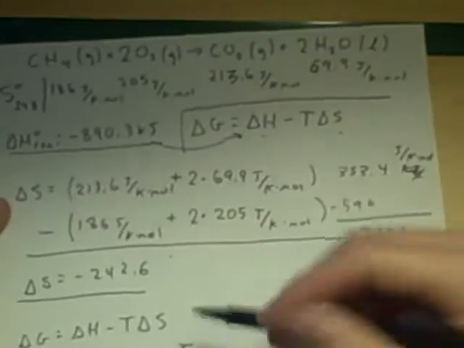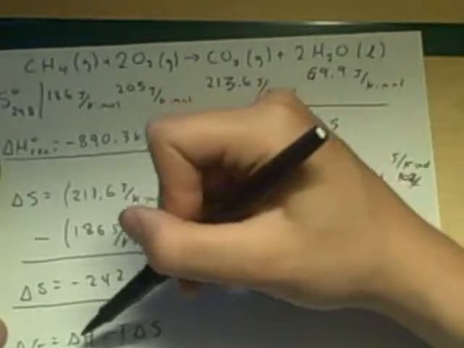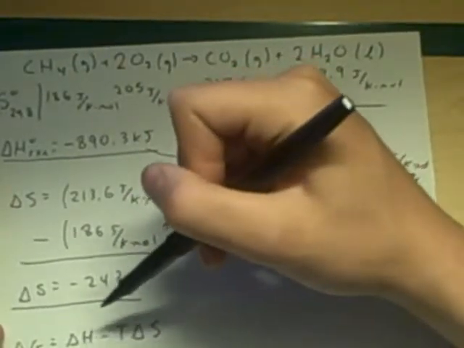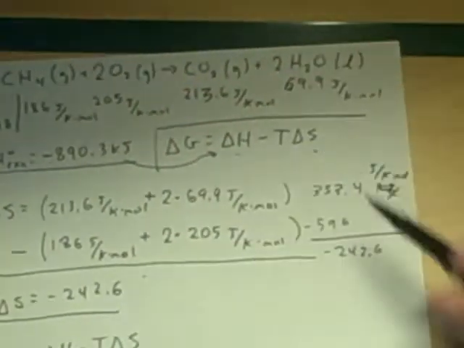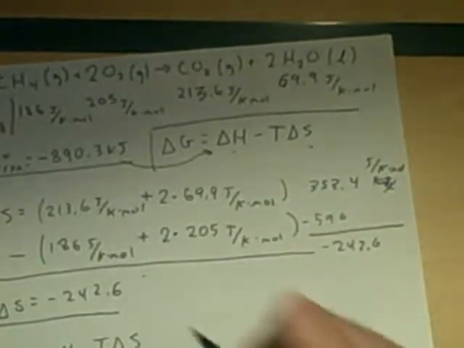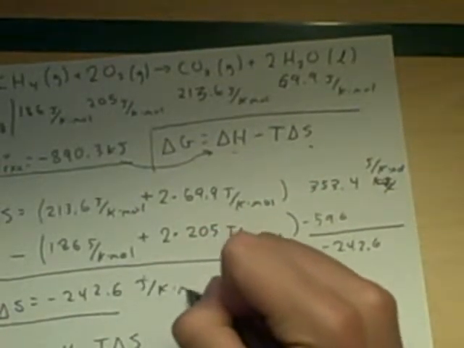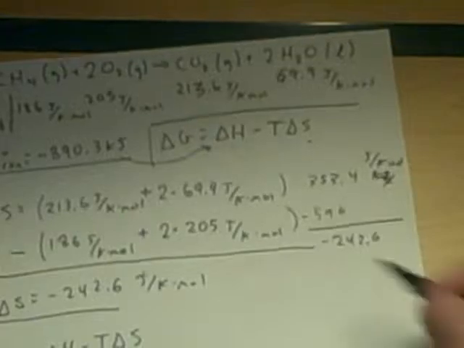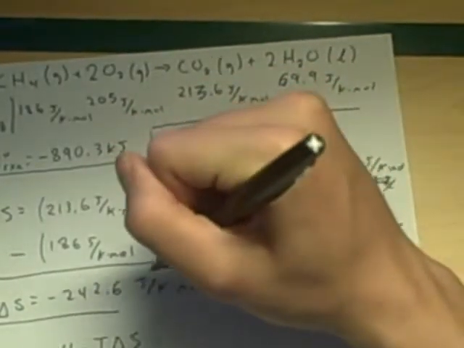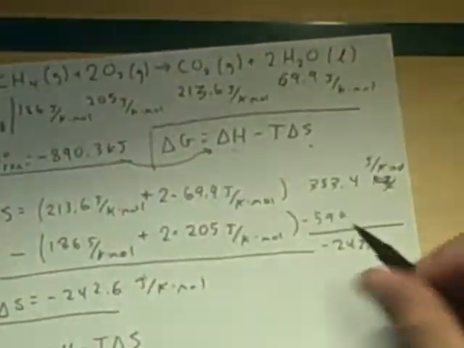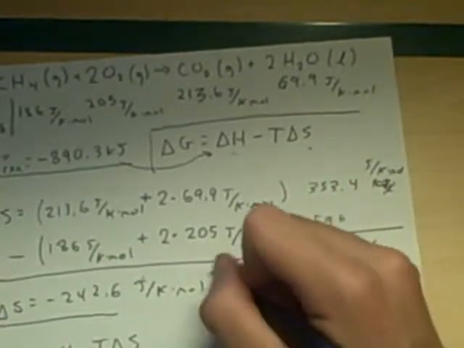Because we have kilojoules for the change in enthalpy, we have to maintain kilojoules. And because the change in entropy is in joules per Kelvin mole, we need to divide that by 1,000 to create a number that will work in this equation.